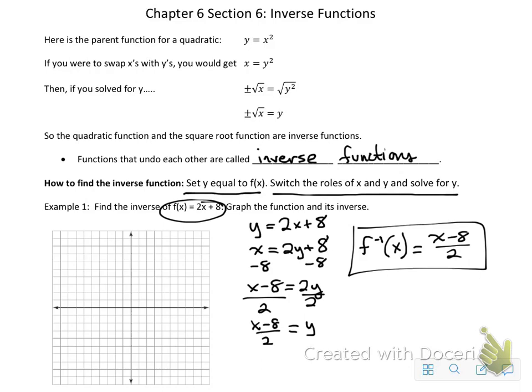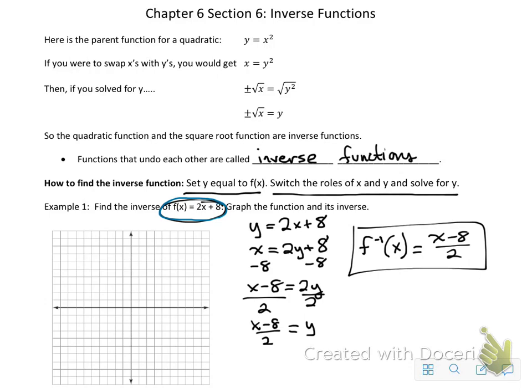Now this problem also tells us to graph the function and its inverse. So we're going to graph the function first, in blue. Remember, you can either use desmos.com to graph, or you could just plug in numbers like -2, -1, 0, 1, 2, and you'd get some good points.